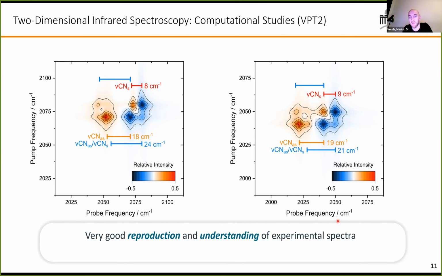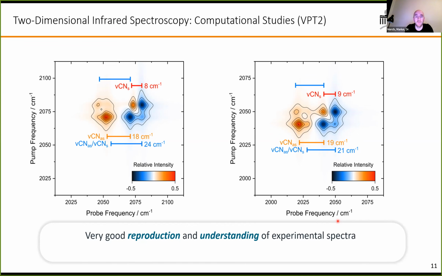And this, I think, is a good indication that apparently the influence of the environment of the active site, especially the hydrogen bonds towards the cyanide ligands, may not be as important or significant for the spectroscopic data as one might think. Another thing that I think is quite interesting here is that we have a very unique signature.